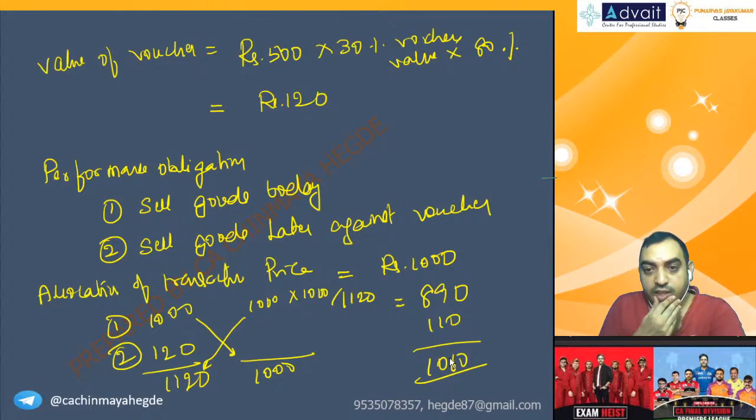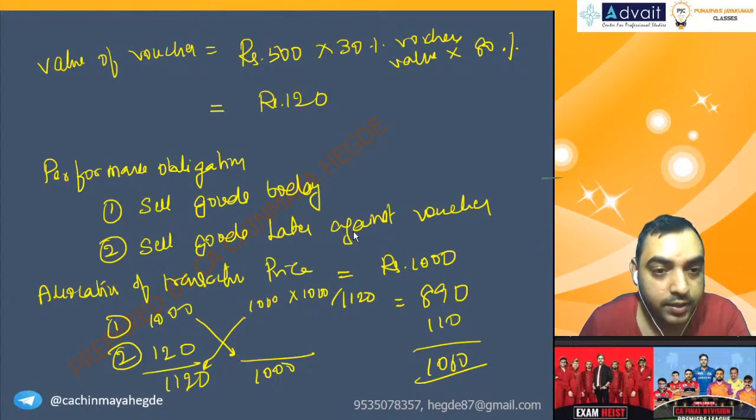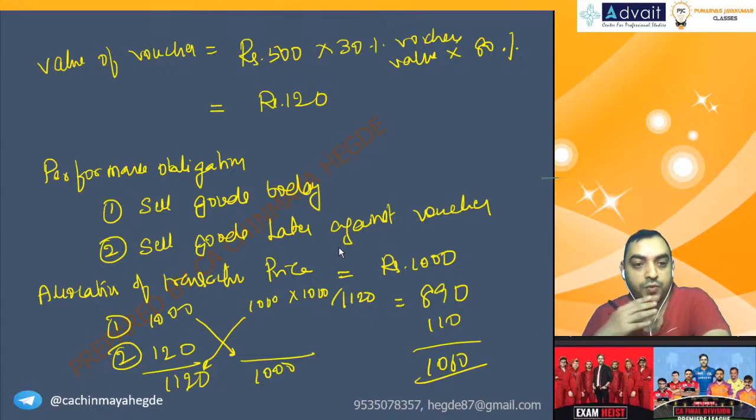Is 890 110 correct? Some of you are telling 892 or something. 1000 into 1000 by 1120, correct. 1000 into 1000 by 1120.